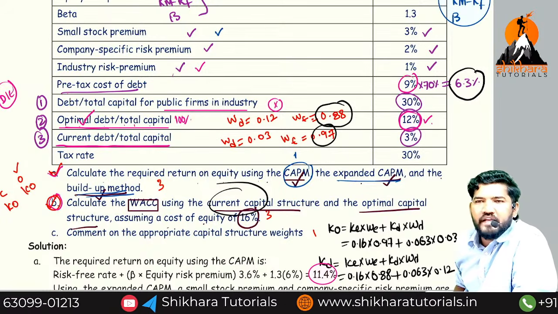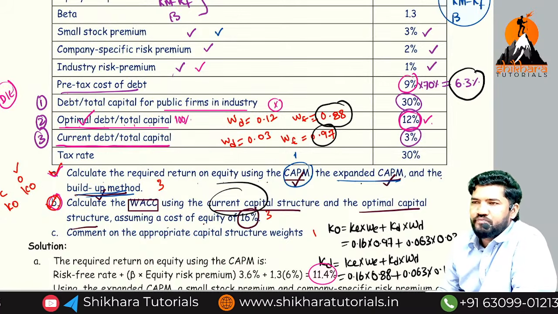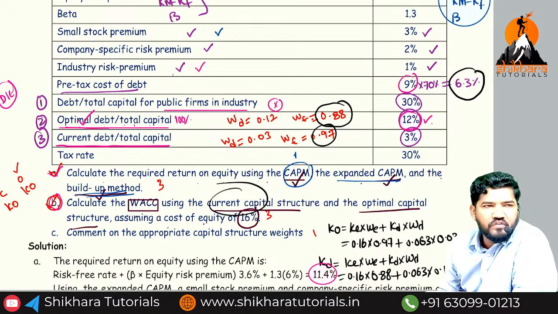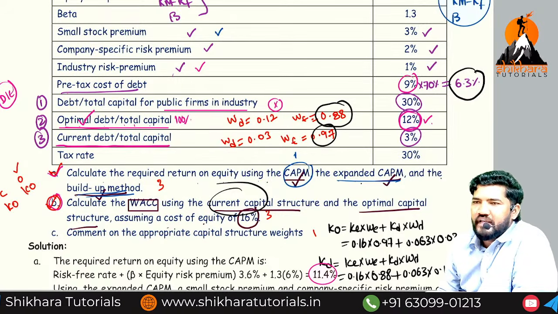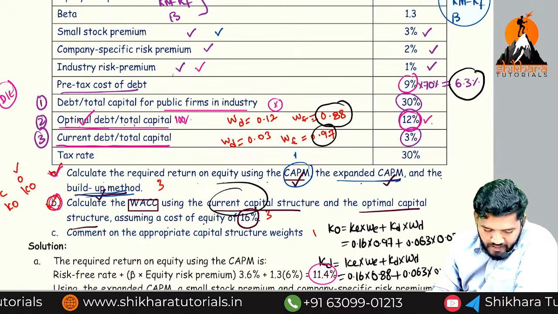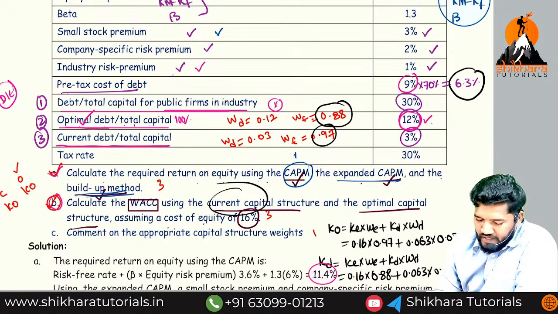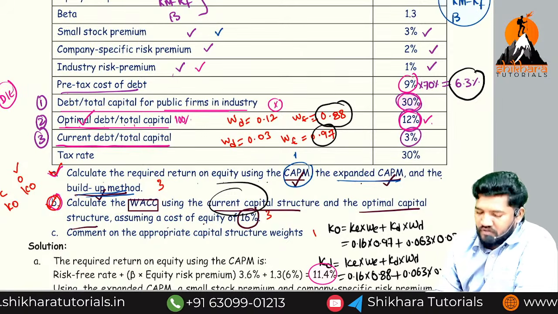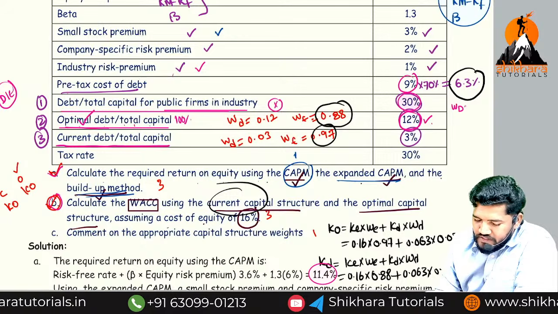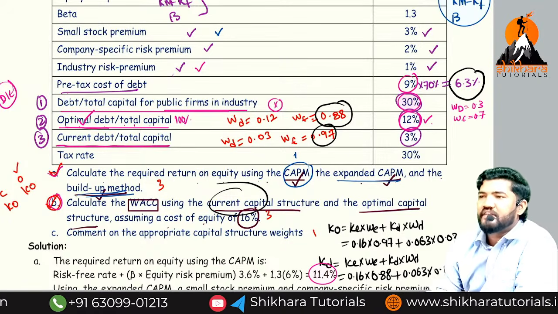What about the pending, Nana, out of 100%? What about the value? 88 is equal to equity weights. Nana, clear? Now the first point, same logic only, for industry also. So 30% means what, Nana? So weight of debt equals 0.3, weight of equity is the pending 0.7.